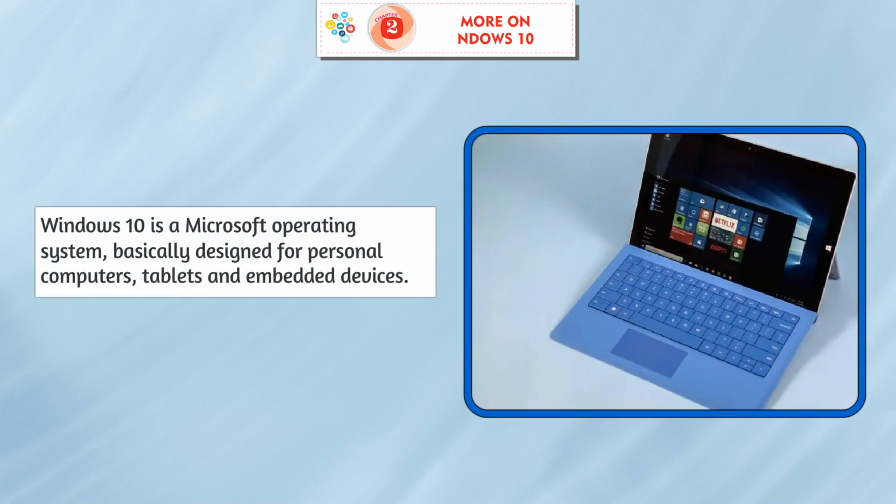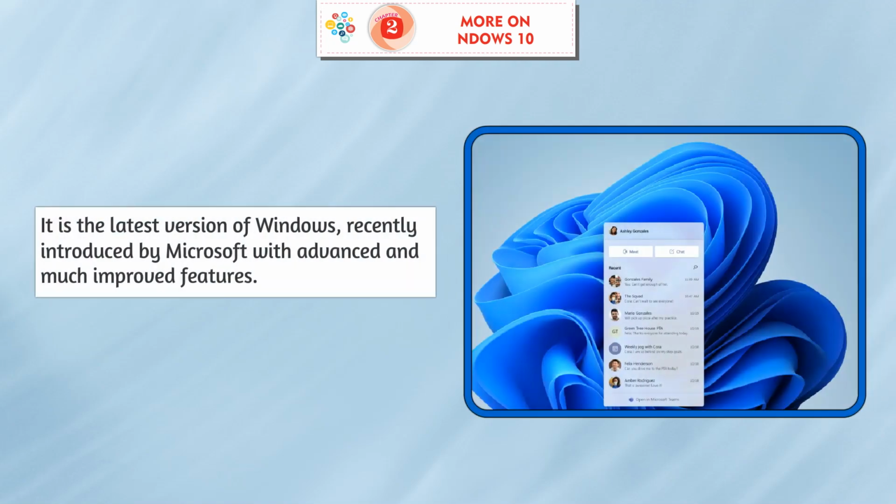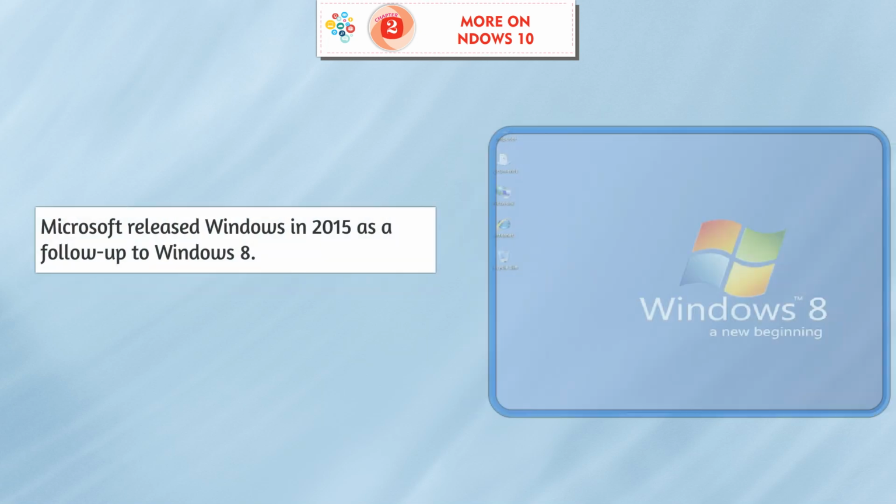Windows 10 is a Microsoft operating system basically designed for personal computers, tablets, and embedded devices. It is the latest version of Windows, recently introduced by Microsoft with advanced and much improved features.